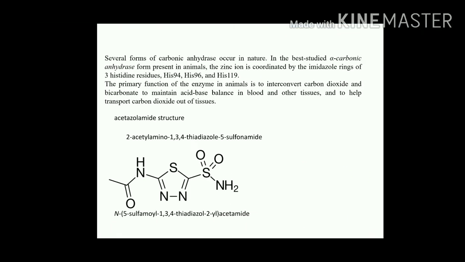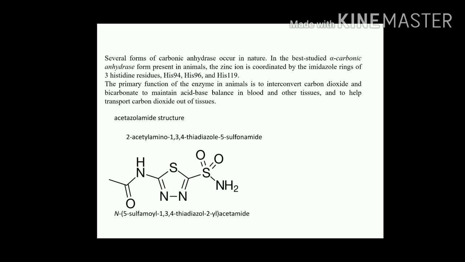So in our syllabus, we have an important molecule, the carbonic anhydrase inhibitor acetazolamide. There are several forms of carbonic anhydrase, and we have to inhibit the enzyme carbonic anhydrase.